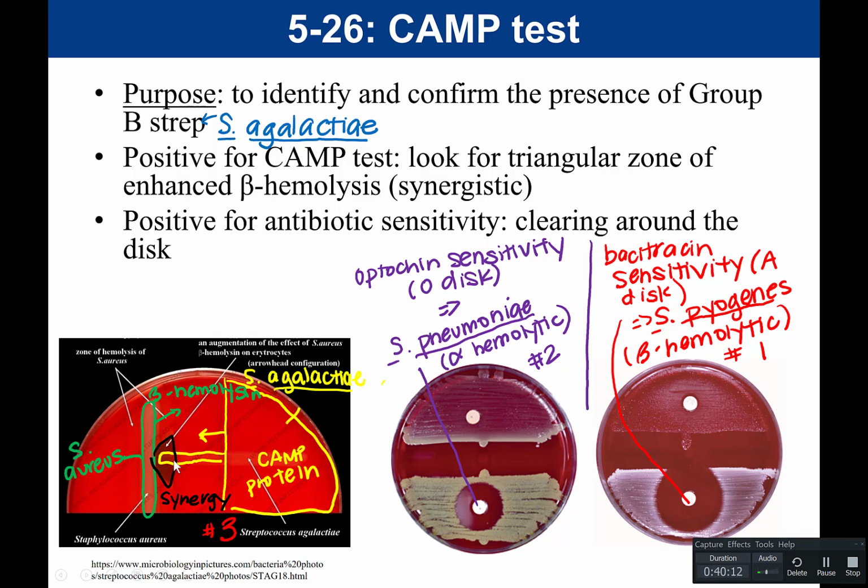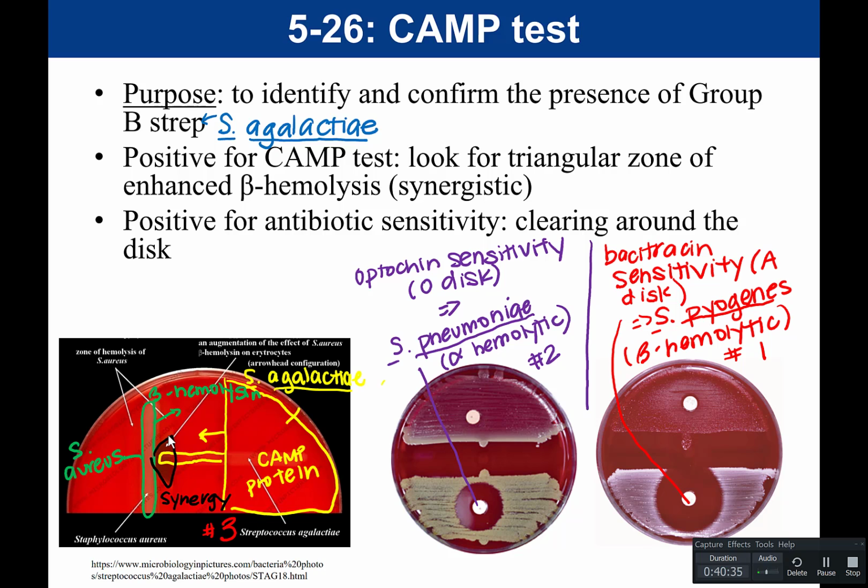This bacteria is producing this CAMP protein. This bacteria is producing the beta-hemolysin, and you get this enhanced synergy between that CAMP protein and the beta-hemolysin, and you get this synergistic clearing, this triangular shaped clearing, which is characteristic of a CAMP test.